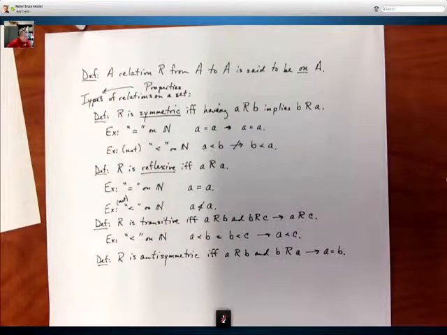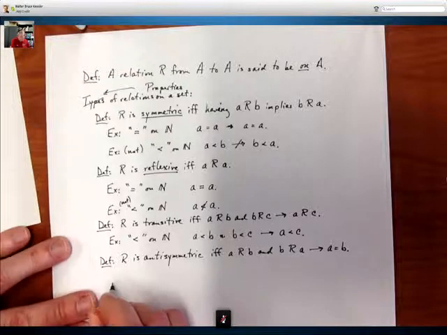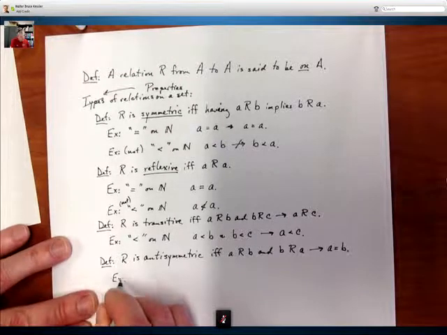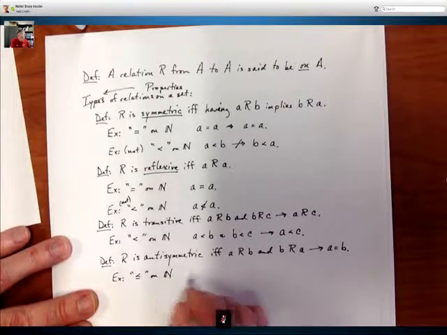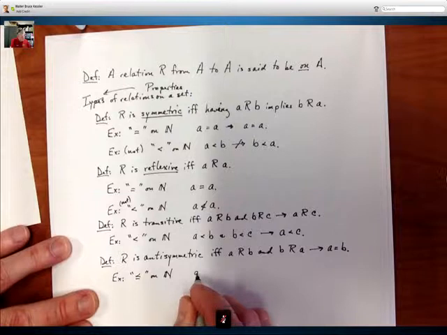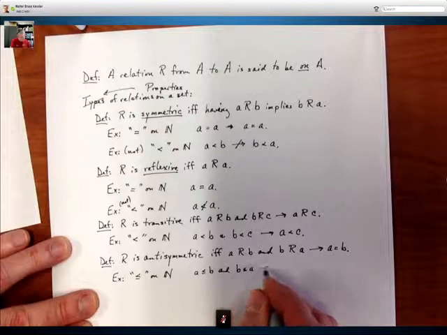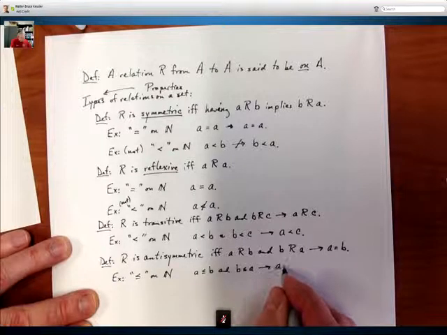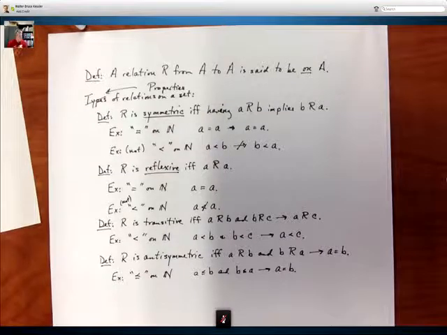That's the only way that can happen. For an example, less than or equal to, because if A is less than or equal to B and B is less than or equal to A, then that forces A and B to be the same thing.